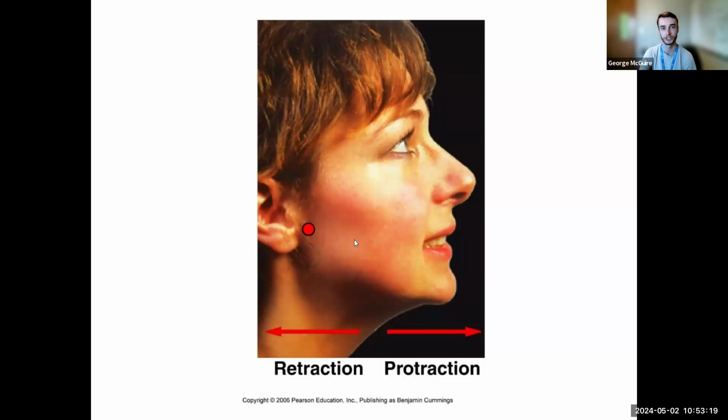But we really just use this terminology for the movement of the jaw. You may also see it used for the movement of the shoulder, so of the scapula, but that's better described as abduction and adduction. So you can protract the scapula by abducting it, and you can retract the scapula by adducting it. But abduction and adduction are more accurate. This terminology is just because it doesn't follow that longitudinal plane idea or rule.